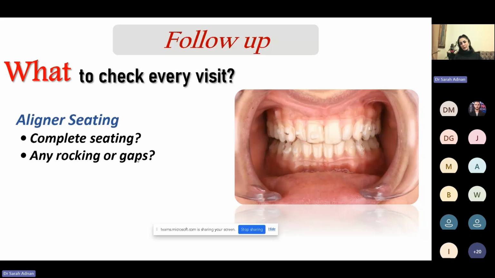Likewise, no gap between the aligner and the attachment. Attachment should fill the aligner. Any gap, any rocking, any defect in the seating means that there will be a loss of track sooner or later, and the treatment will fail, and you will need to redesign, taking another impression, or repeat the treatment. We might reach that point.